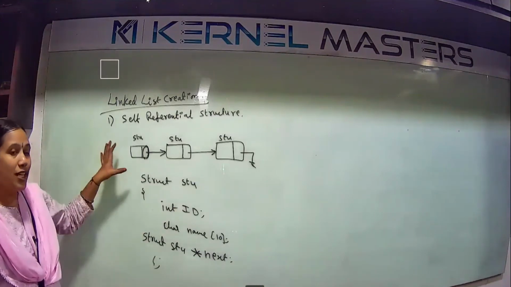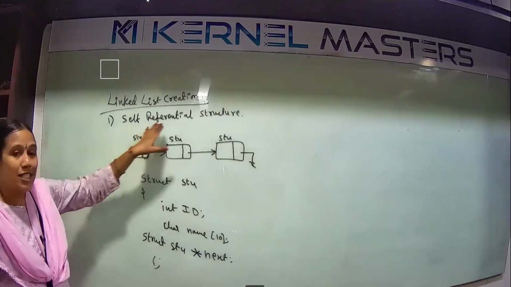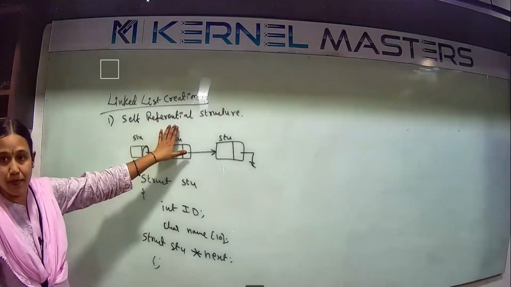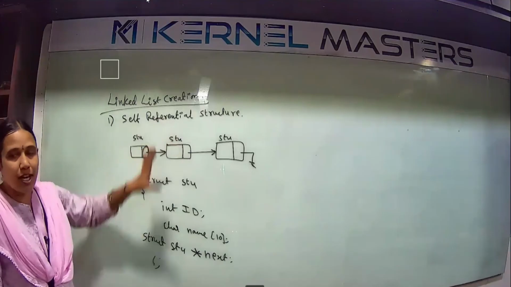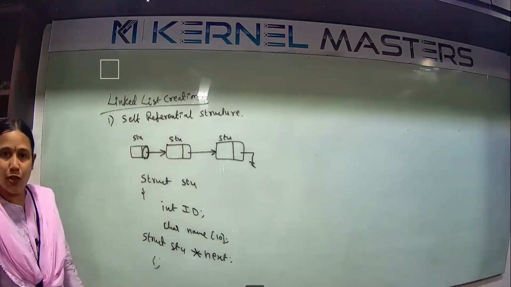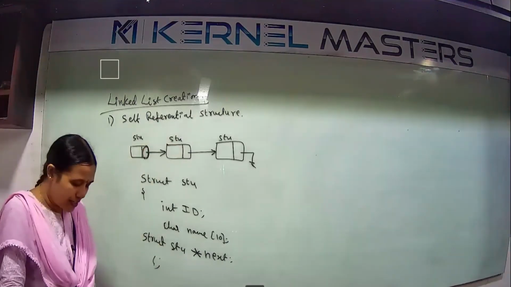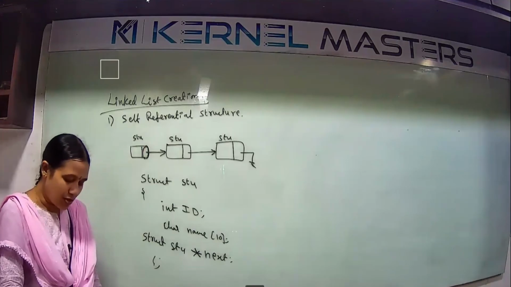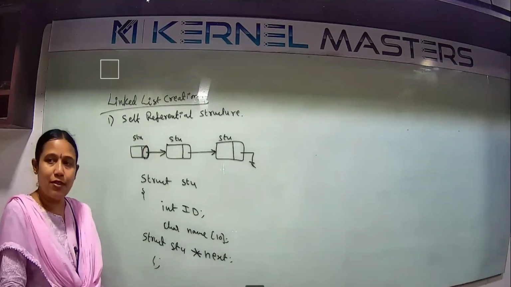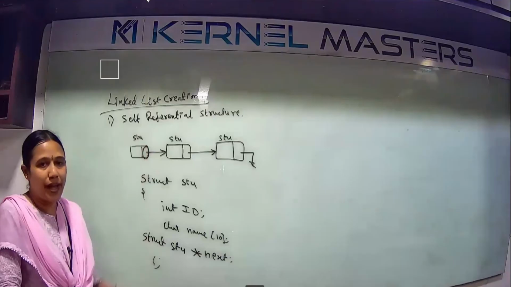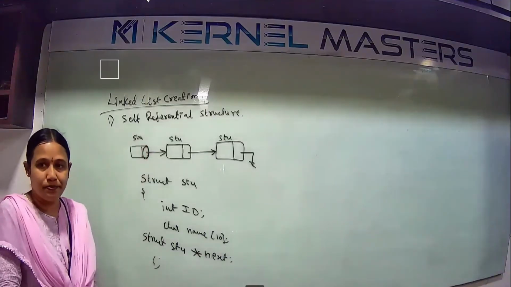And if you want to create a linked list, you have to first create a self-referential structure. That is the first step. Without this, you can't create a linked list. Without structures, no linked list. In structures also, only a special kind of structure, a self-referential structure, can be used to create a linked list.